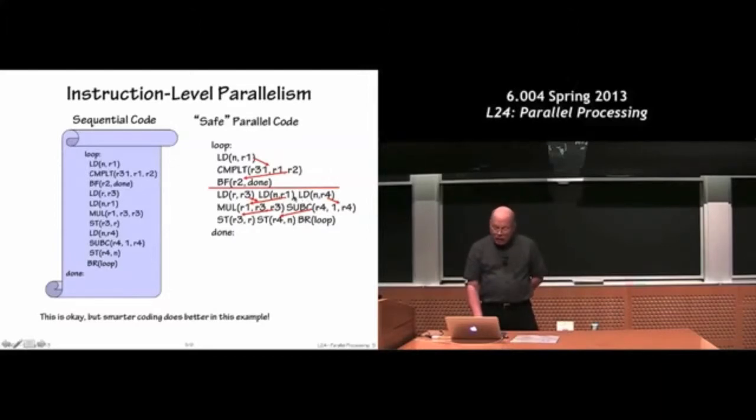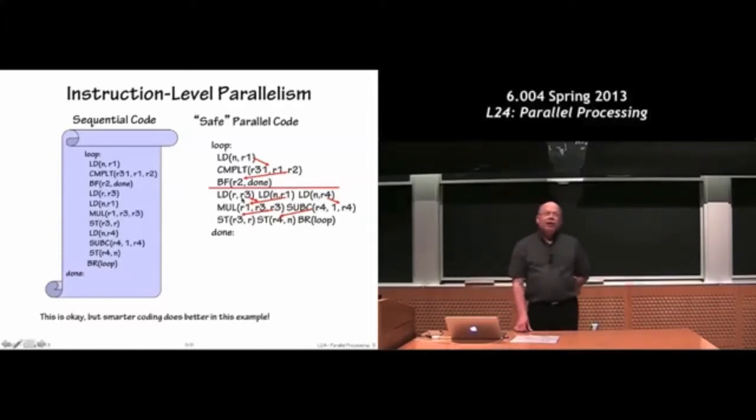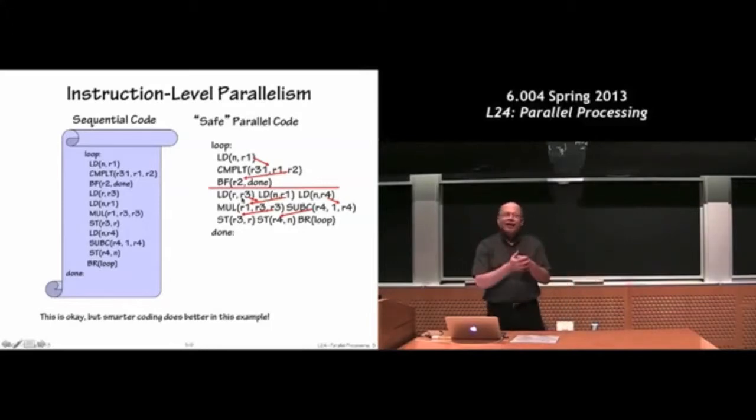But if you keep going down, you discover this load doesn't depend on any of the earlier instructions, so it could be done in parallel with the first two loads. So in general, to get good instruction level parallelism, there's this notion of looking pretty far ahead in the program, because you may have to go to a new calculation entirely to find one that's independent of the earlier instructions.